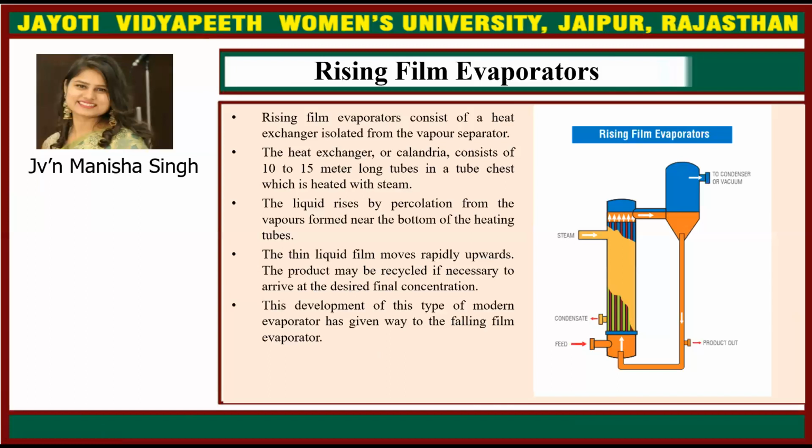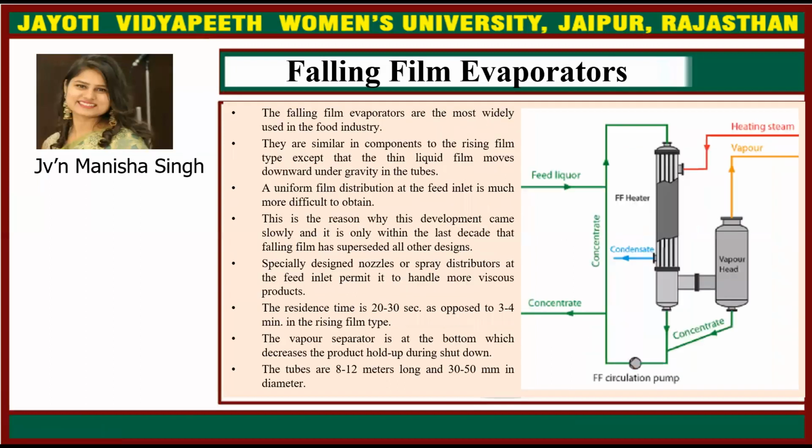The development of this type of modern evaporator has given way to the falling film evaporator. Second is the falling film evaporator. As the rising film evaporator has a rise of the liquid, here the flow of the liquid is downward. Falling film evaporators are the most widely used in the food industry.